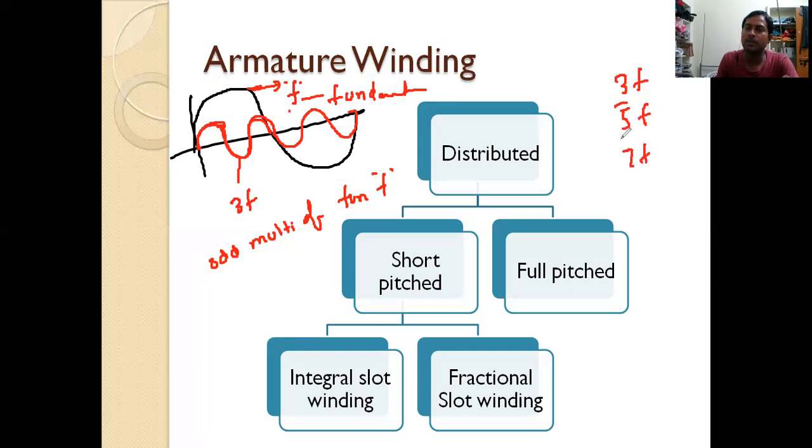These odd multiples of the sinusoidal wave will be generated along with the fundamental wave, where F is the fundamental and 3, 5, 7 and so on. Like that, EMF will be generated.